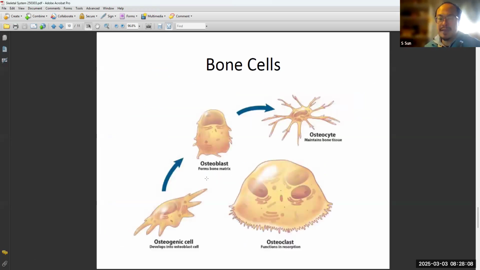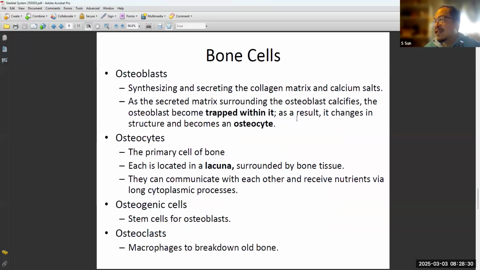So we had these slides earlier. Osteogenic cells are the stem cells, which can become osteoblasts, and then osteoblasts secrete the matrix as well as these minerals. They trap themselves inside of it and become the osteocytes. These osteocytes are trapped inside of this lacuna.